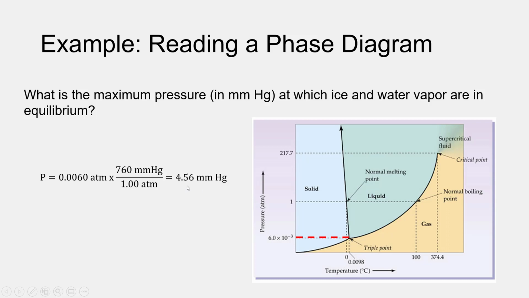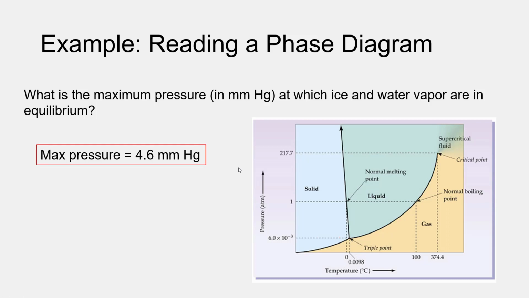The highest pressure where water ice and gas phase water vapor can be in equilibrium with one another is 4.5 millimeters of mercury, which is extremely low pressure, not something you can achieve with typical atmospheric pressure conditions. And so we'd report that the maximum pressure where ice and water vapor can be in equilibrium with one another without liquid being present is 4.6 millimeters of mercury as an external pressure.